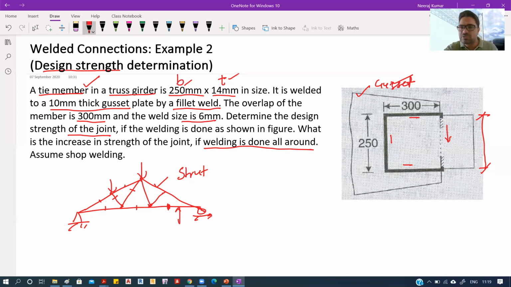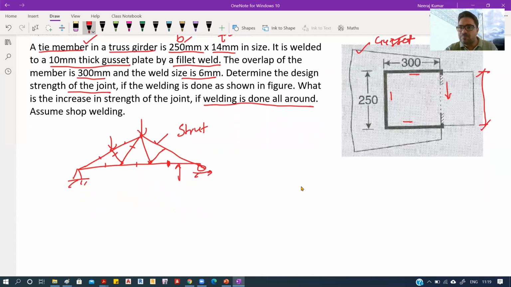If we use a common plate where other members meet at a particular joint, then to accommodate all those members, we provide a single plate on which those members may be connected. Say for example, if I highlight this joint, there are four members connecting at this joint: one member, then a second, a third, and this one is the fourth member.